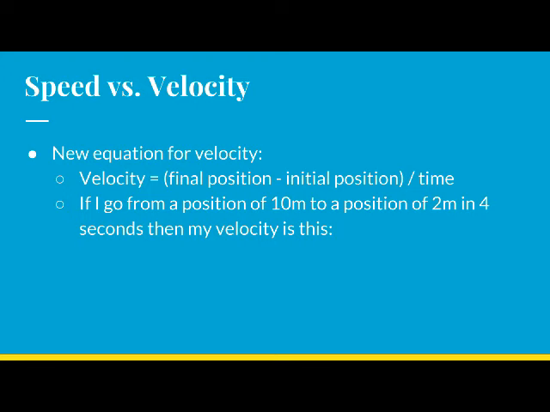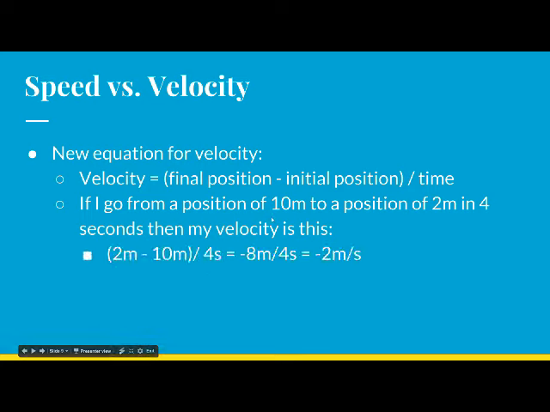So now we have to have a little bit of a new equation for velocity, right? Before we just had velocity equals position over time, and that's still true for speed, but a more exact definition for velocity is velocity equals final position minus initial position, divided by time. So for example, if I go from a position of 10 meters to a position of 2 meters in 4 seconds, then this is my velocity.